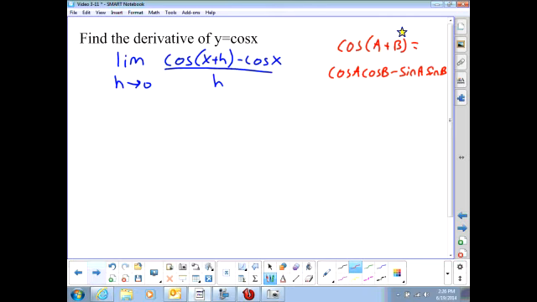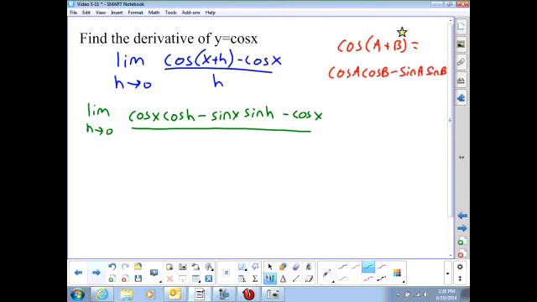So we'll have the limit as h approaches 0 of cos x cos h minus sine x sine h minus cos x, all over h. Like the sine derivative, we'll do some splitting up to make it look a little nicer.